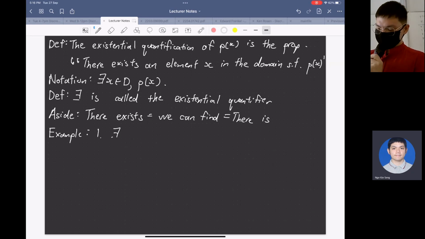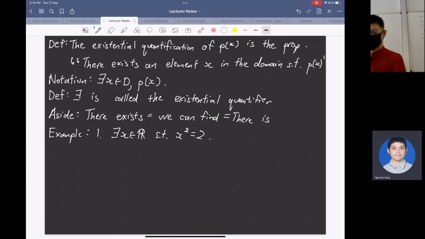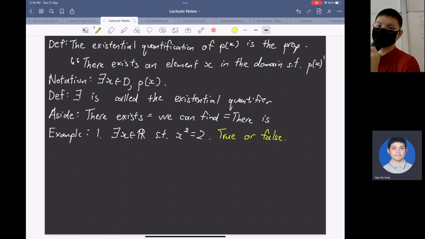First example. There exists an x in R such that x squared equals 2. True or false? True. Why? Who says true?